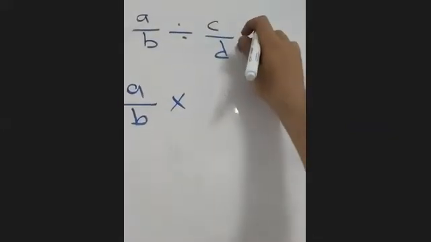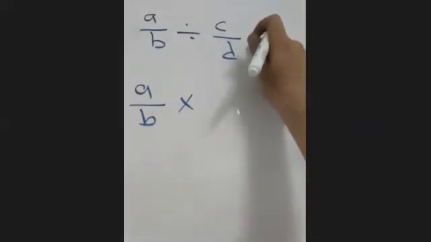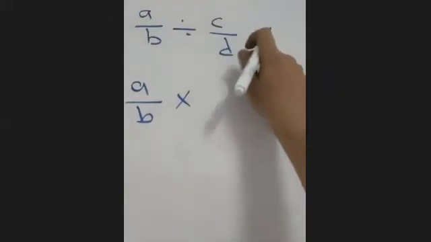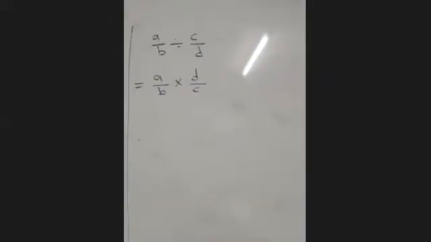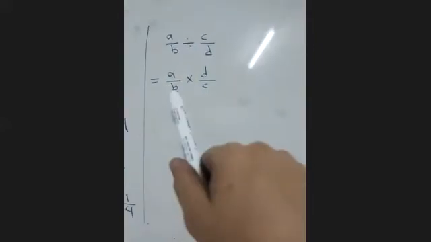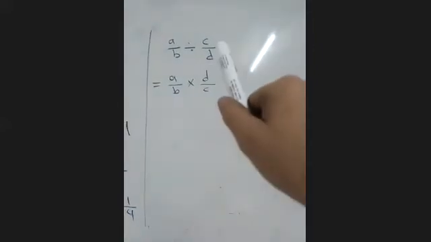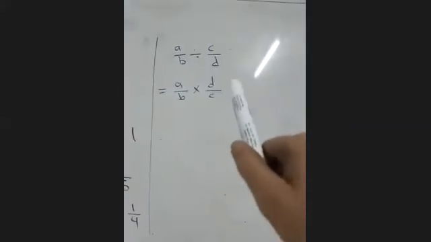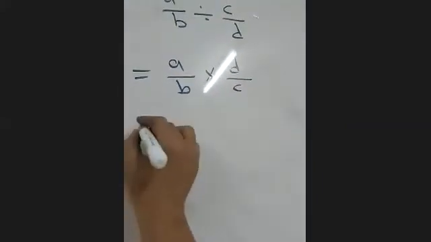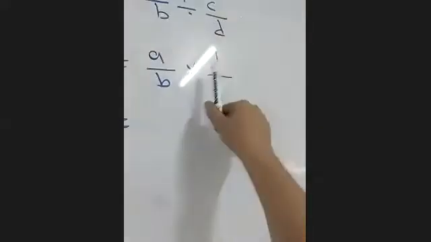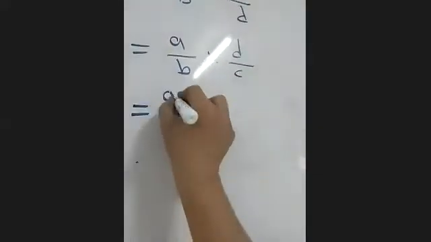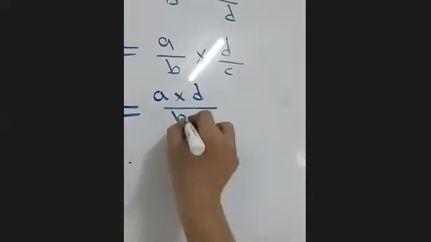Then we find the reciprocal of the other fraction, C over D. The reciprocal is D over C. After this step, we have two fractions with multiplication between them. We do normal multiplication, A times D over B times C.